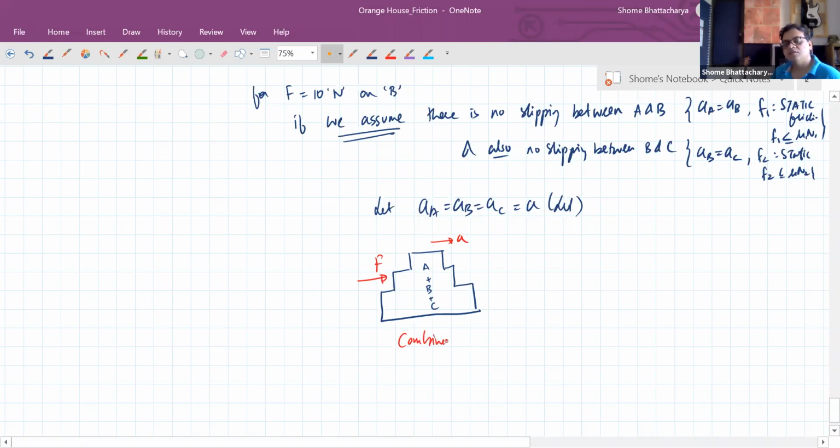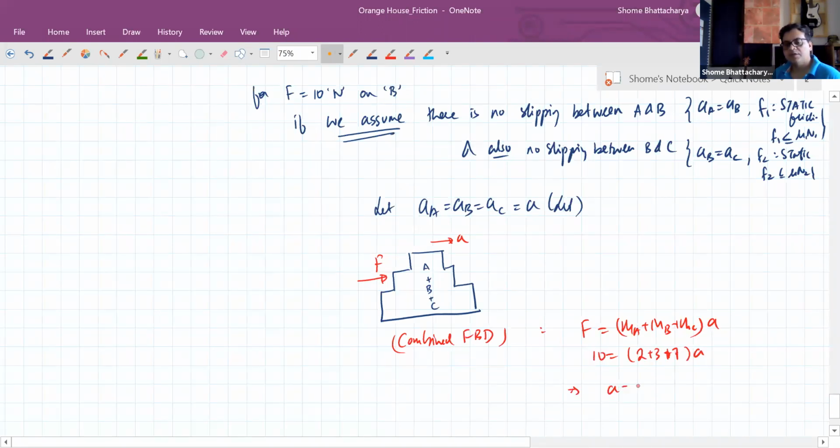So only this horizontal force, no friction on the ground, is giving the common acceleration a. So the combined free body diagram will give you that F is equal to the total mass times a, and that common acceleration should become 10 by 12 or 5 by 6 meters per second square.